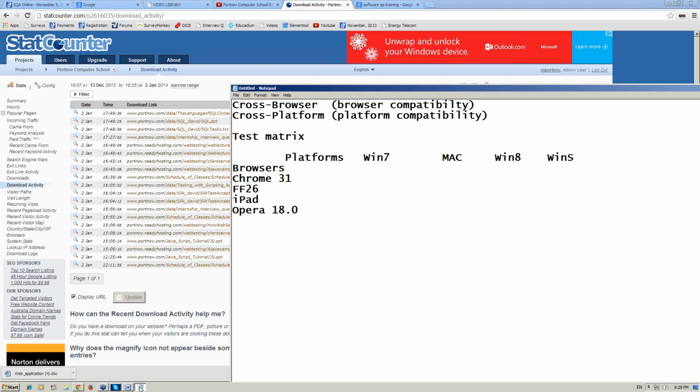But we are not developing a browser, we are developing a web application. Let's say an insurance quotation website. And when people come to our website, we want them to see the exact same thing, no matter which browser they are using. That is why we create that test matrix, and that is why we combine all the browsers and platforms, trying to make sure that it is the same.